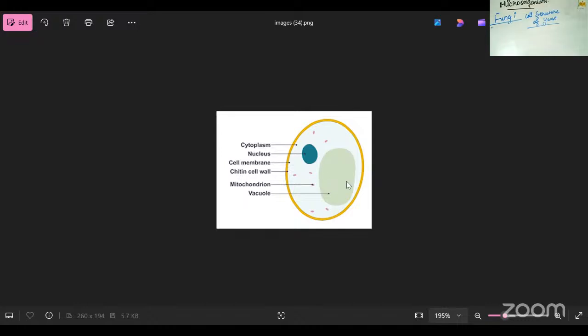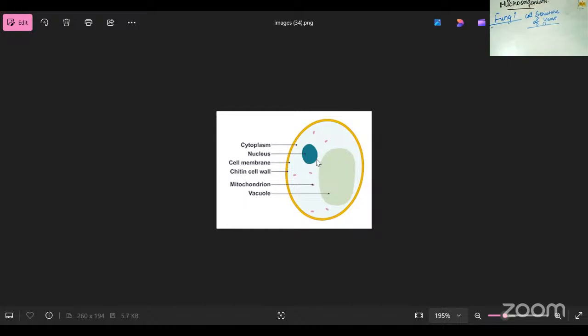Okay, yeasts are found freely in the atmosphere. It grows in all kinds of media, especially sugar. So the cell is round in shape, containing a wall. This part is called the nucleus. The cytoplasm is granular and has vacuoles, and then glycogen and oil globules also.